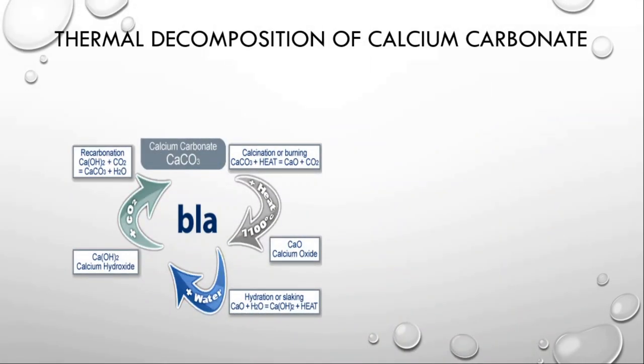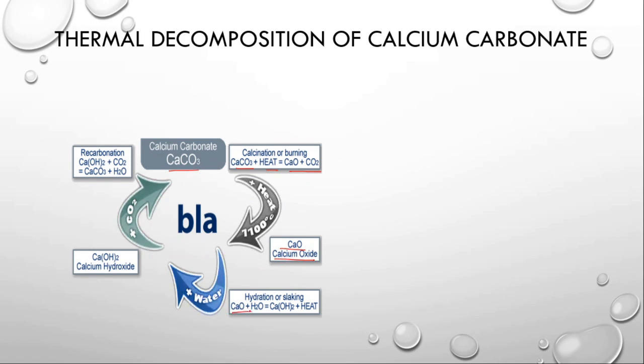Next is the thermal decomposition of calcium carbonate. When we decompose calcium carbonate, CaCO3 plus heat converts into CaO and CO2. Now you remember that we had this CaO when we were studying combination reactions.